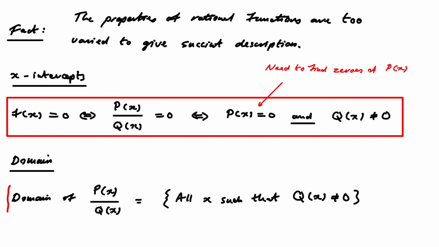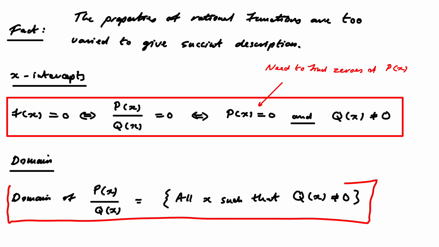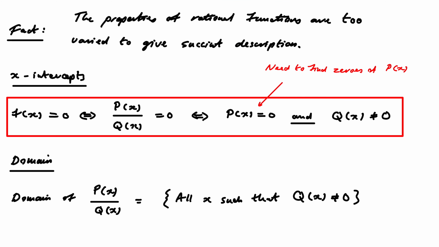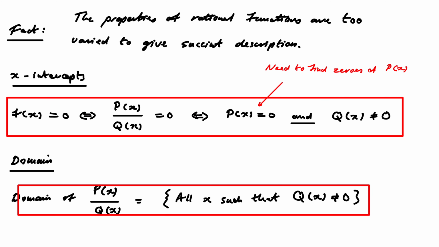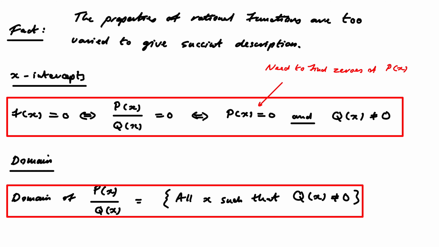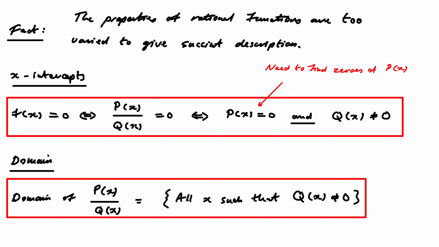So again, these look different, but at the same time, they're very related, because finding the domain is going to require us to determine where q of x is non-zero. So that basically means we're going to have to find out where q of x is equal to 0. So the same story.